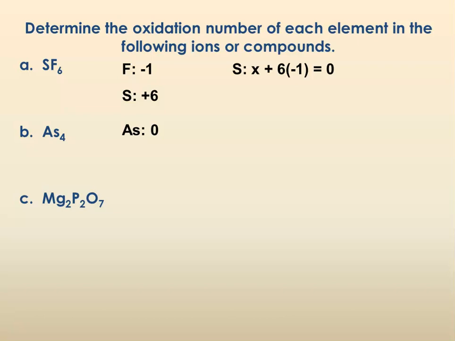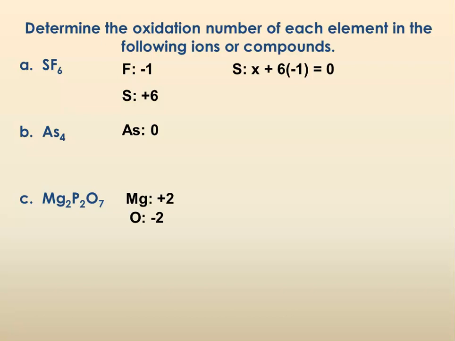In letter C, we've got 3 different elements, and there's only 2 of these 3 that we talked about on the previous slide. We know this is an ionic compound because we've got magnesium with a polyatomic P2O7. Magnesium is always going to be +2. And we also know that O is -2 unless it's with fluorine or a part of a peroxide, and that is not the case here.